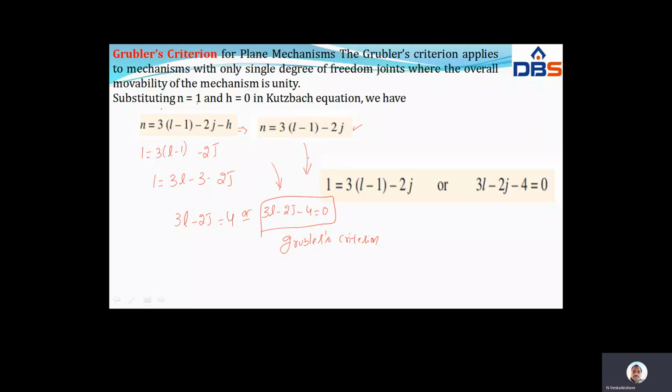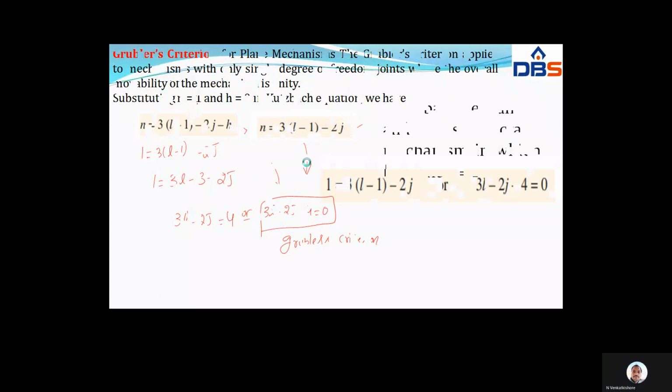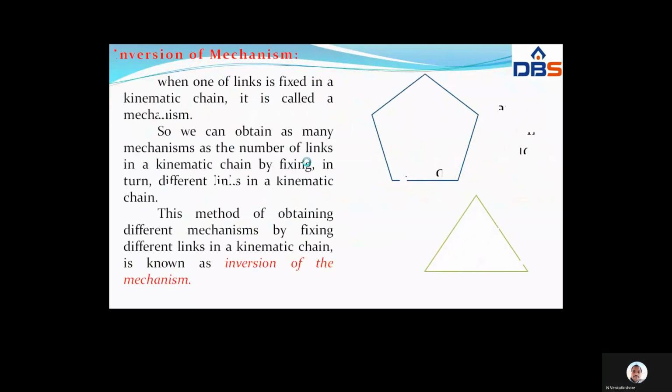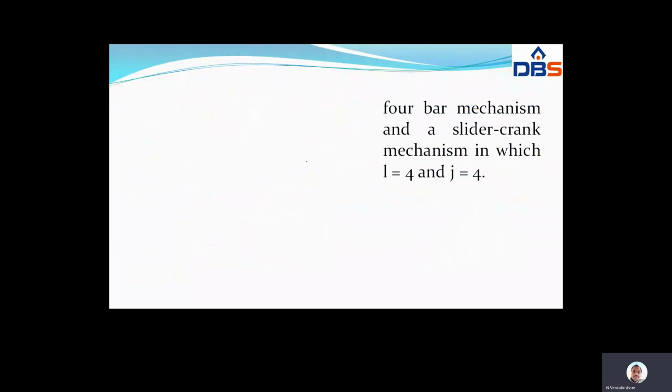This Grubler criteria for plane mechanism is with constrained motion, and we are having a 4-bar mechanism and a slider crank, in which the number of links is equal to 4 and the number of joints is 4.